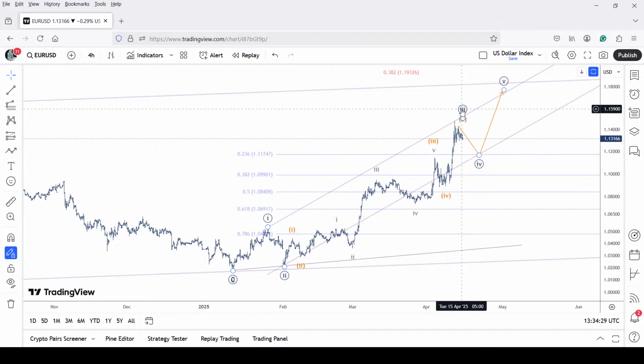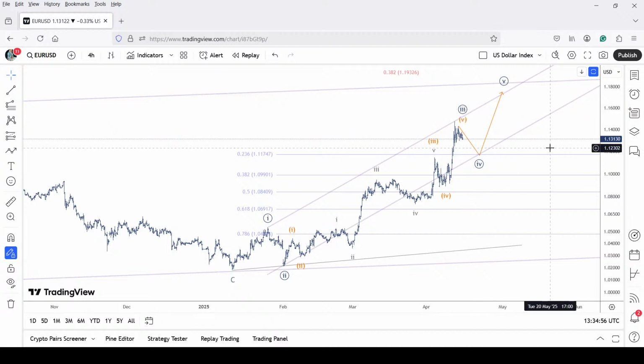And if that's correctly done, we are now producing a minute wave 4 before the minute wave 5 rally could resume. By the time minute wave 5 would complete, ideally prices should be trading around 1.17, possibly 1.19 as well going forward. All right, so that is the story with the wave perspective.